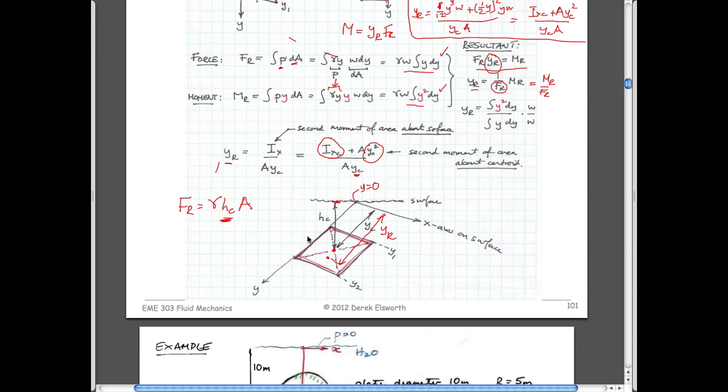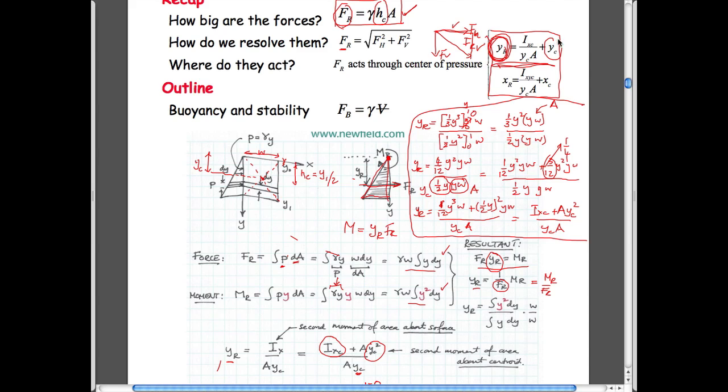If you want to think about this expression in a different way, this is y sub c. So this other magnitude here is the extra length.